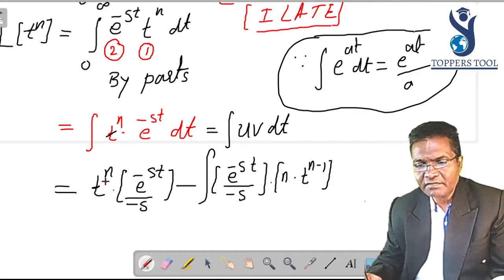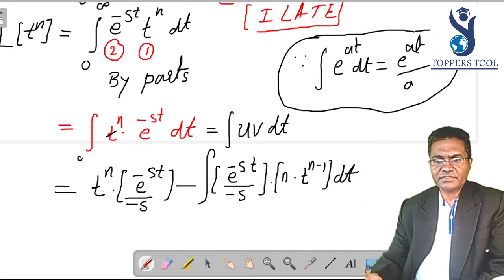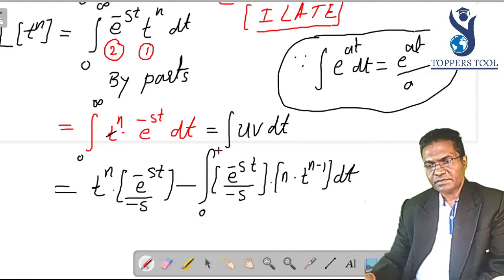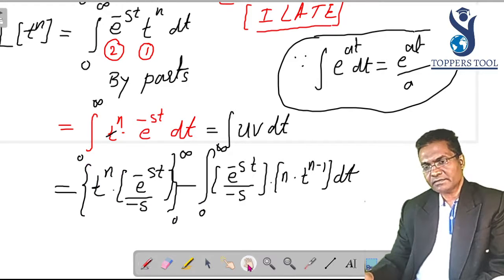In the same way, derivative of t power n is n into t power n minus 1 dt, and here also you have to apply the limits 0 to infinity.